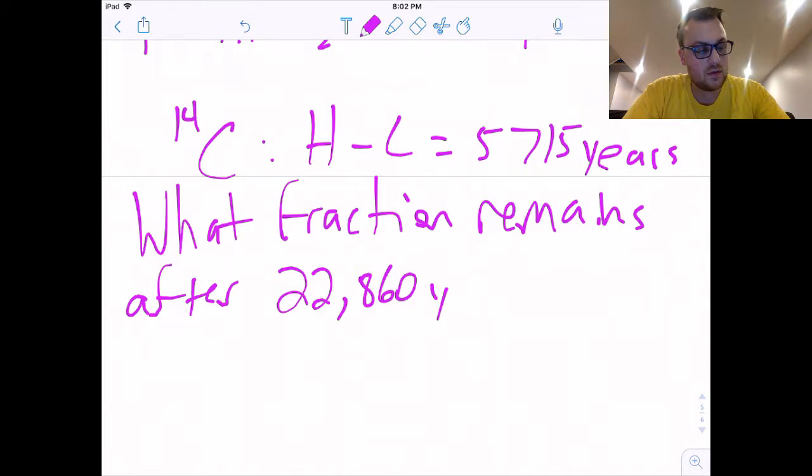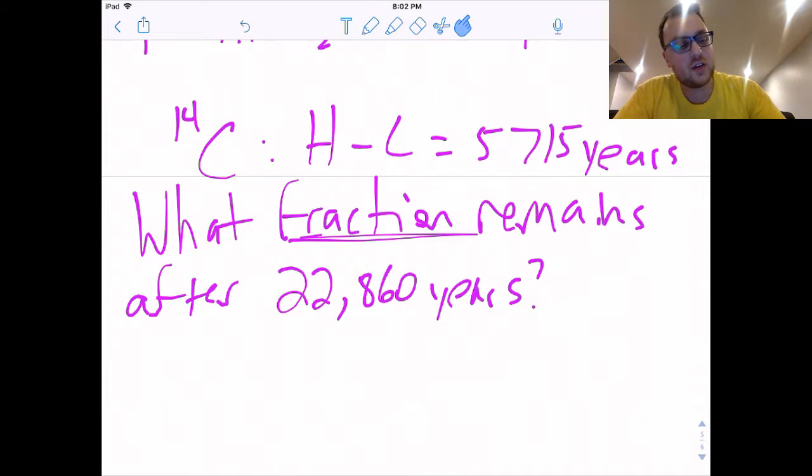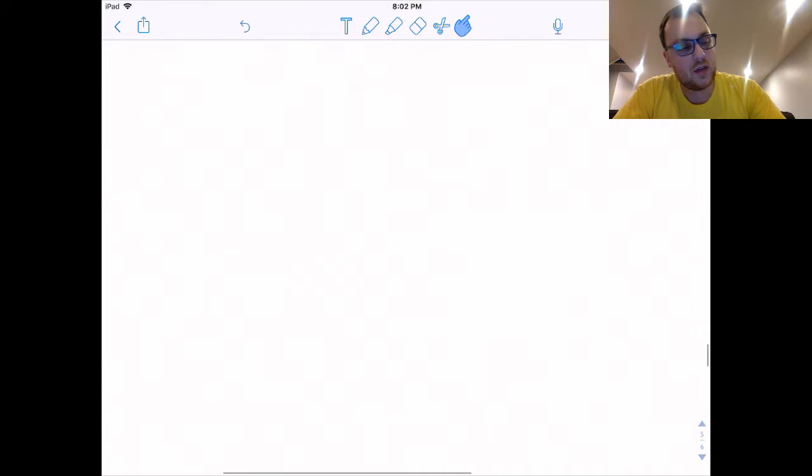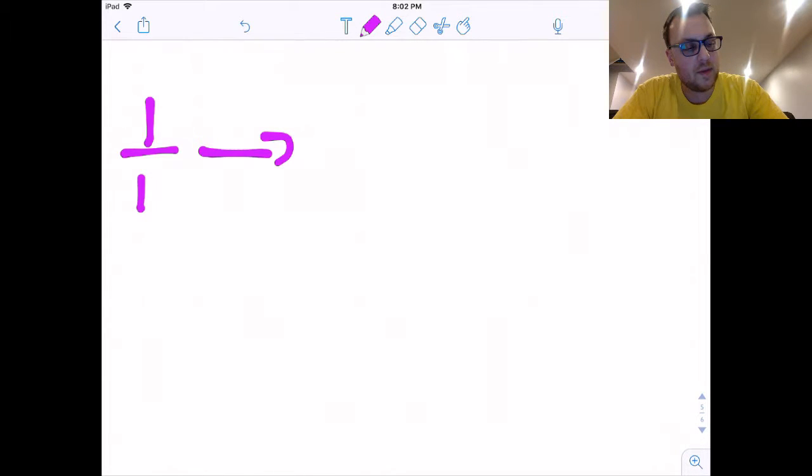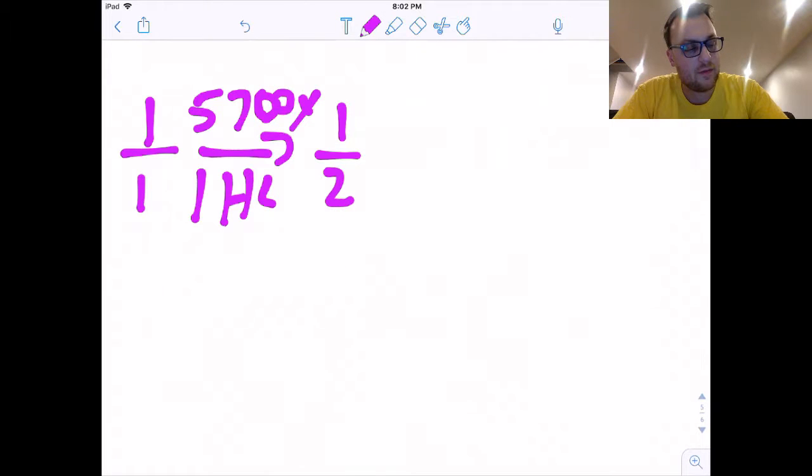So, it wants a fraction. So I'm going to start with 1 over 1. And I know after about 5,700 years, one half-life has occurred, and now I'm at a half. That's not 22,000.